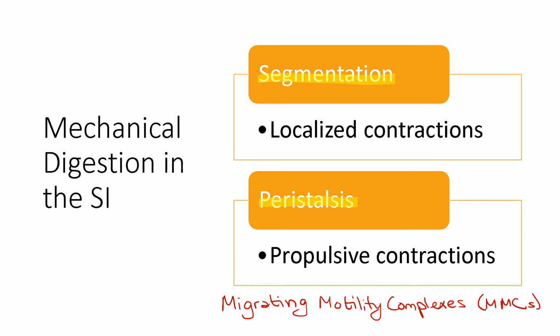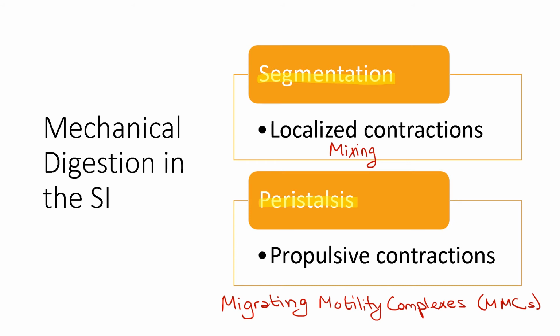So segmentations are going to be localized mixing contractions that occur in portions of the intestine. Specifically, it's going to occur in portions of the intestine that are distended, meaning swollen due to pressure inside or bloated.